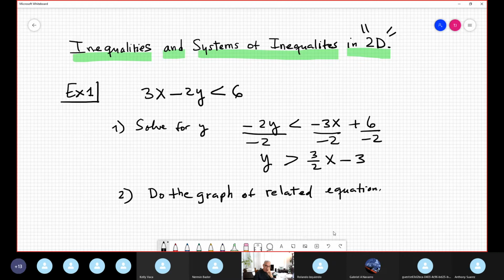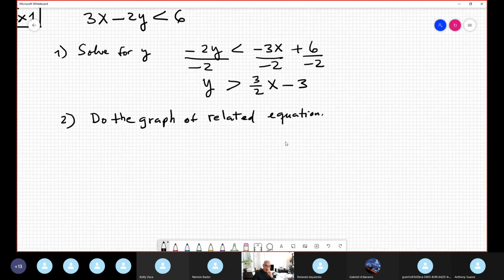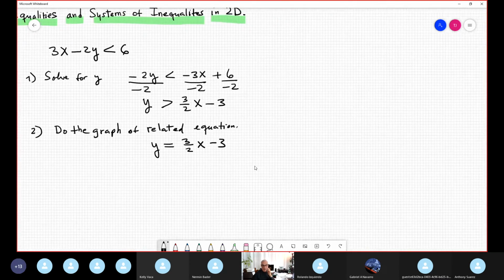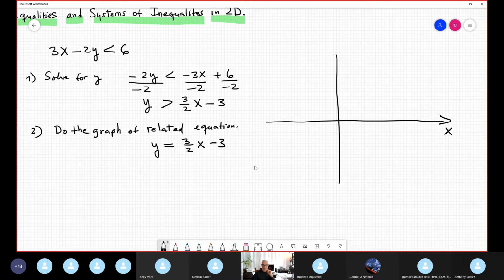So you convert this inequality, sorry, to an equation. And I try to do my best. Let's do it by hand, but after we see it in decimals, of course. To do the graph of this.